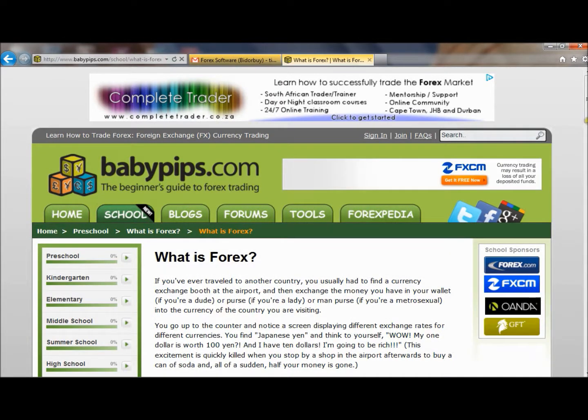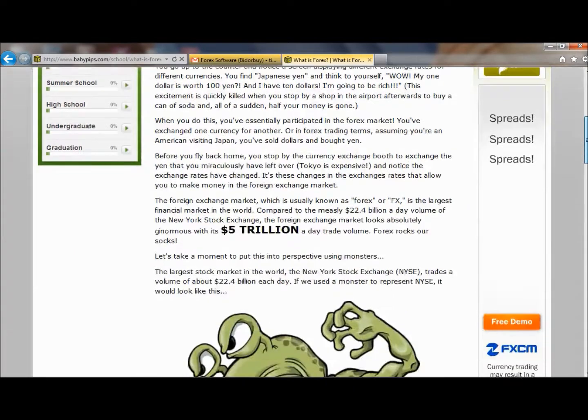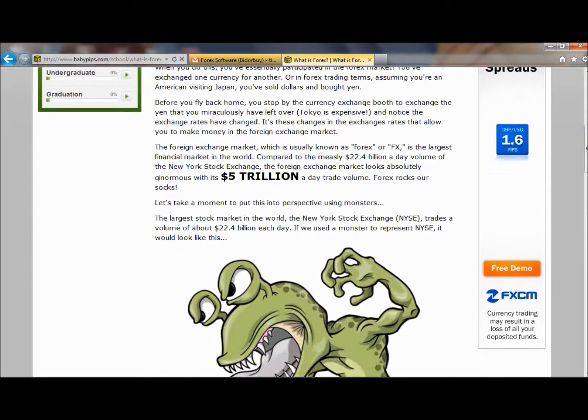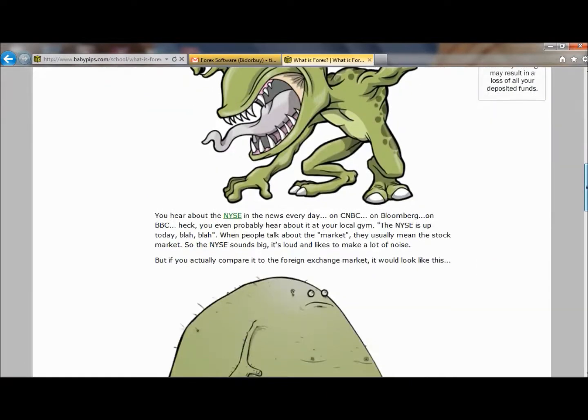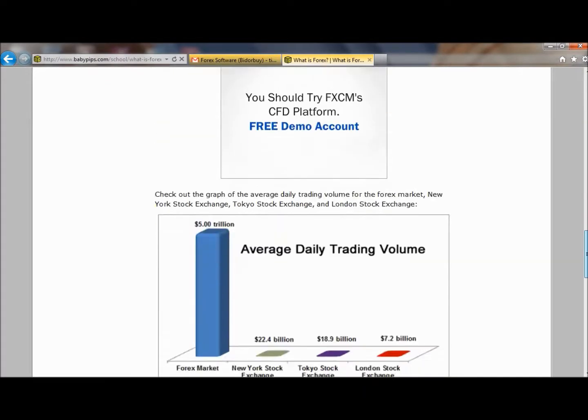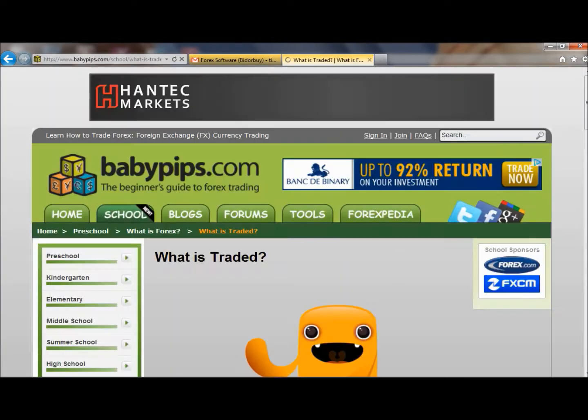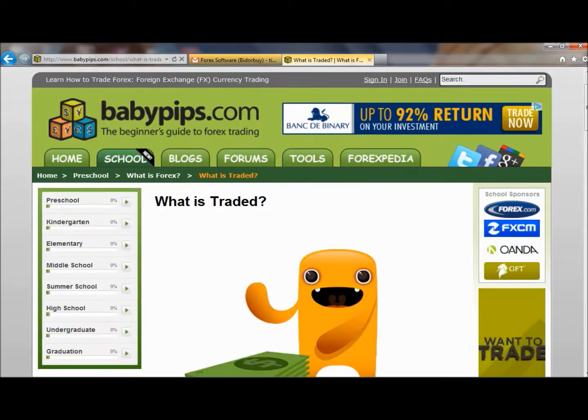It is done in a very nice way, so it doesn't seem like work. It's done in a very playful way. And then once you reach the bottom, you'll see you have an option to go to next lesson. You just click on next lesson once you're done with the first lesson, and it will take you on to the next lesson, and then you can just complete the whole preschool course like this.